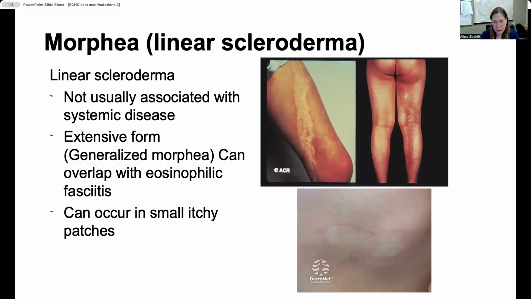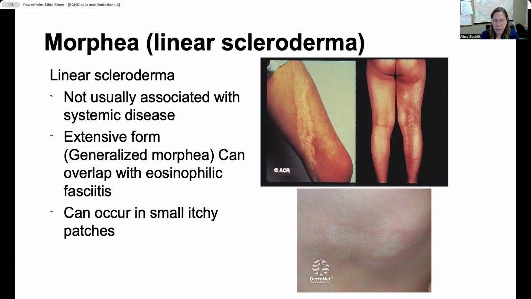It's not usually associated with systemic disease. It's often seen in kids. But it can be extensive, and that was the part that looked more like the eosinophilic fasciitis, more like this generalized morphea, and you can get these pretty long scar-like lesions on the legs.